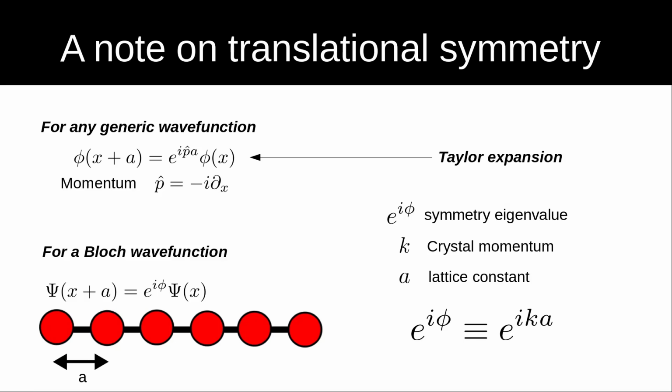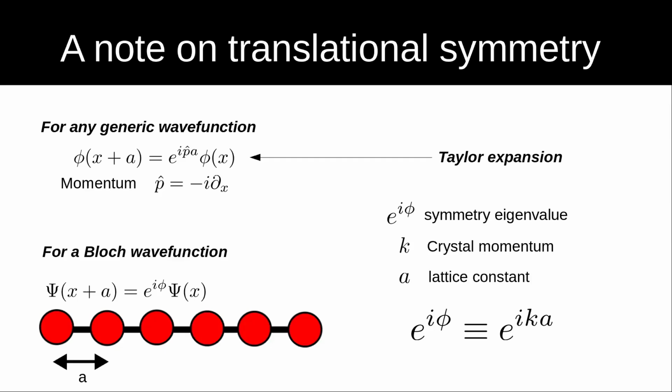Now, if you ask yourself, what would happen if this term that I have in the exponential that comes from the Taylor expansion is treated as a number instead of an actual operator? That would be the case, for example, if you assume that the value that you get in this prefactor is just an eigenvalue of the translational symmetry operator.